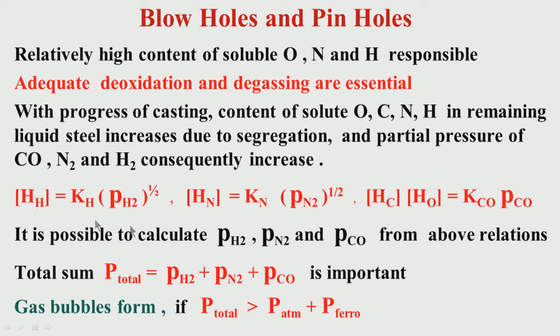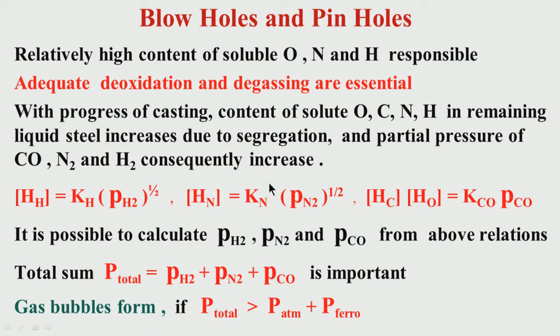We know that hydrogen, nitrogen, oxygen are present in very low amounts in liquid steel. So, we can take Henrian activity as equal to the percentage or ppm of these elements in liquid steel. So, Henrian activity is equal to this constant into the partial pressure of hydrogen to the power half. That means, if we know how much hydrogen is present, since this value is known from thermodynamic properties, we know at a particular temperature this is fixed. So, we know the partial pressure of hydrogen for a particular value of hydrogen.